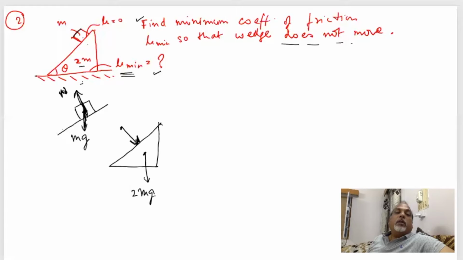This normal reaction, which is being applied due to this mass, will have two components. Correct. This is theta, then of course this will also be theta, correct?